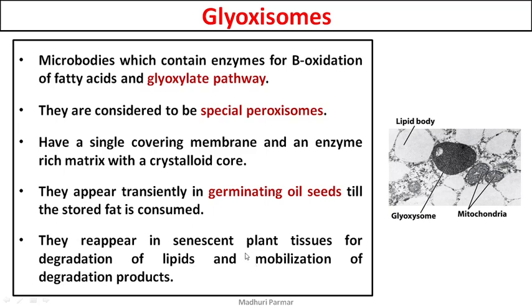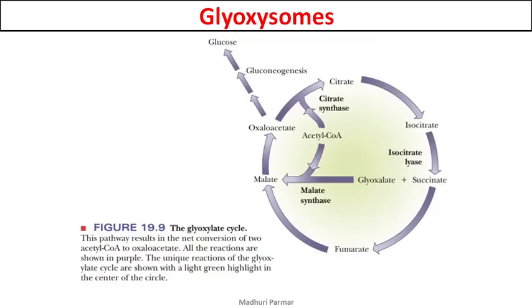Senescent means almost towards death, aging plant tissues, for degradation of lipids. They degrade the lipids and mobilize the smaller molecules obtained after degrading the lipids. This is the glyoxylate pathway. It is not very important for you to remember every step, just for your information.